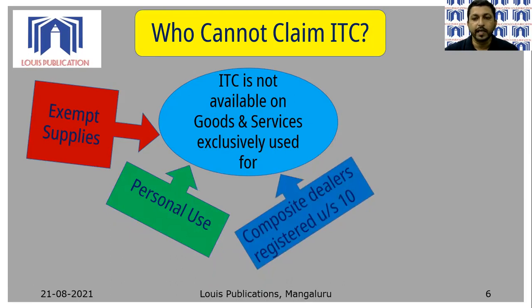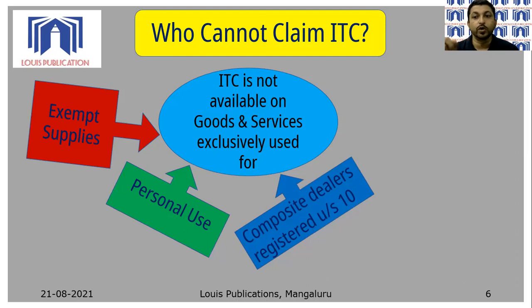Third, composite dealers registered under Section 10. We have discussed this in detail under GST in Pictures series number 5, I believe. Composite dealers, when they are making a purchase, they pay input tax. But when there is an outward supply from composite dealers, they are not supposed to collect GST from their customers.